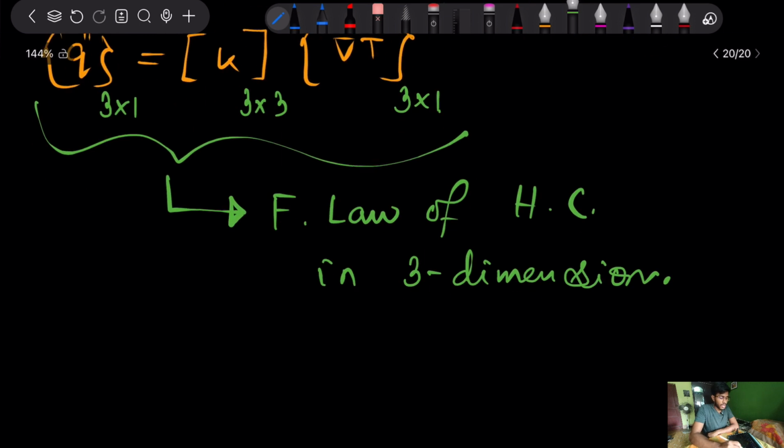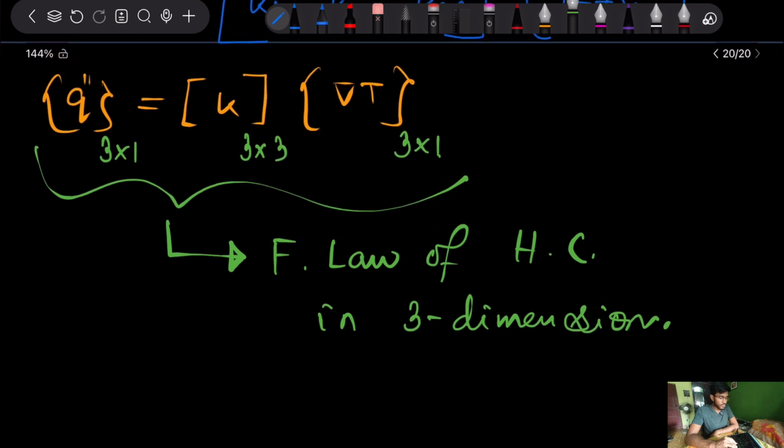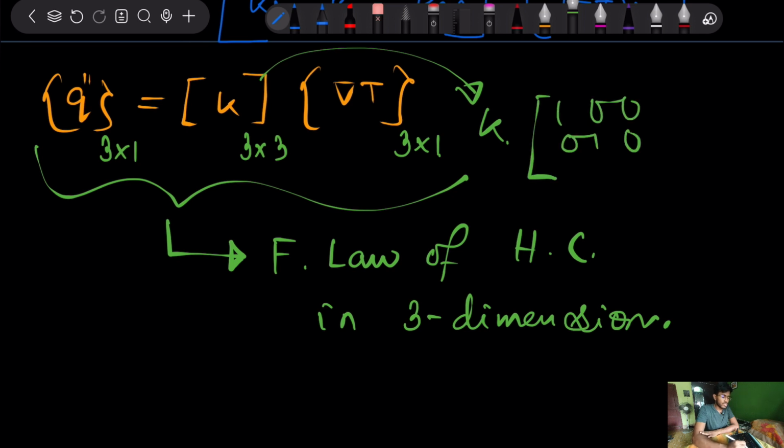Now the next step is to show that if the material is isotropic, then this is an identity matrix, or I can say that this is equal to K times 1 0 0, 0 1 0, 0 0 1.